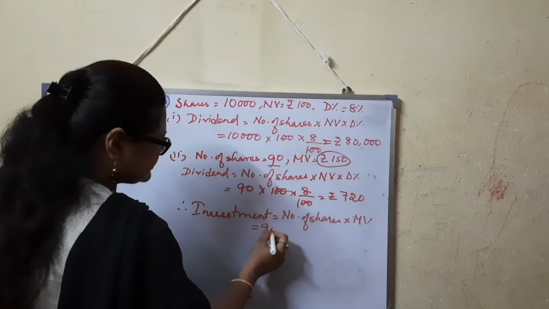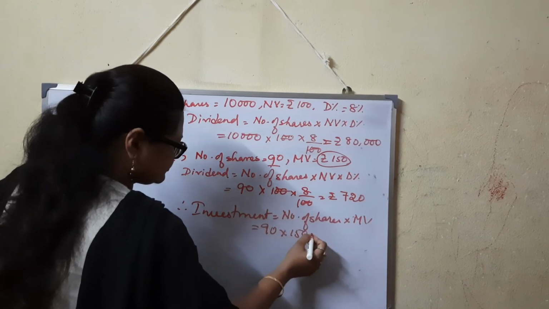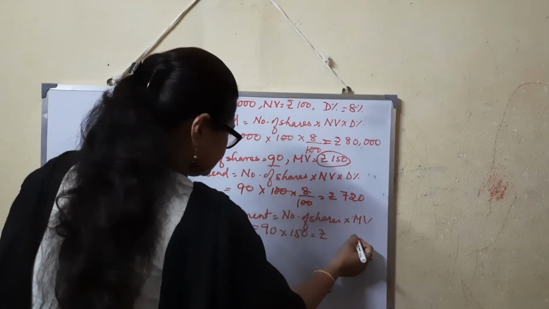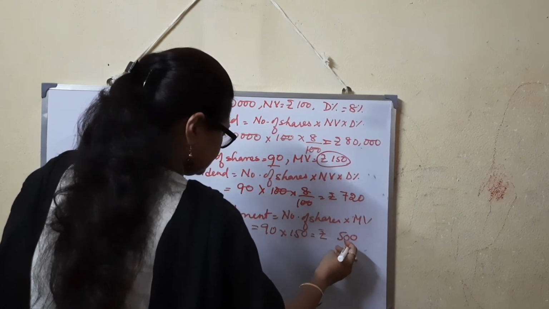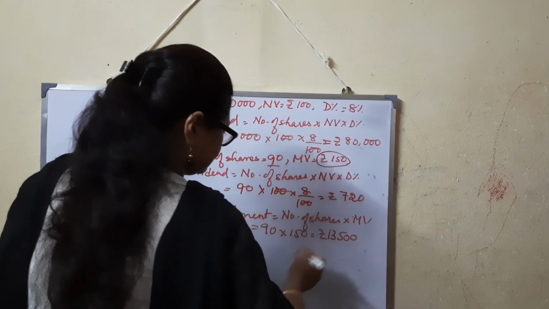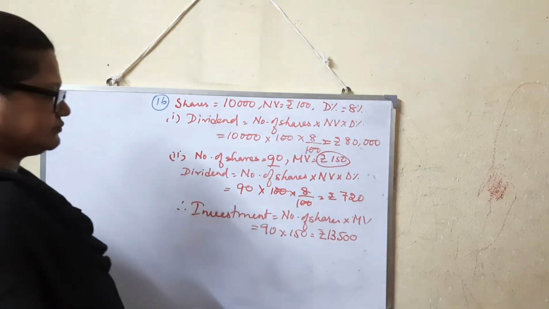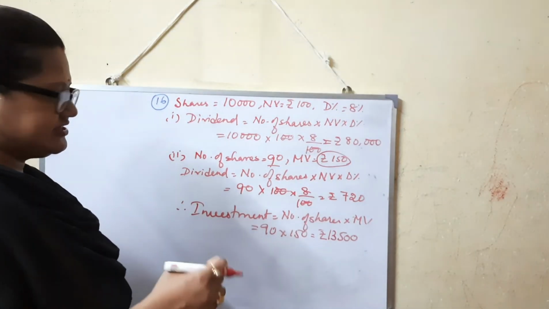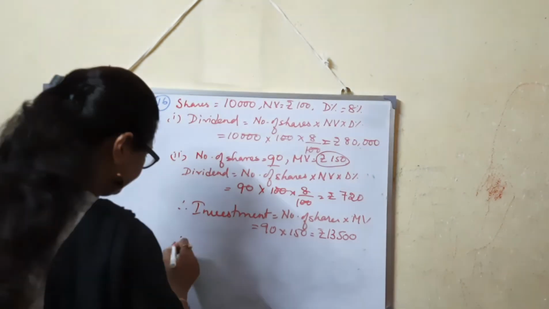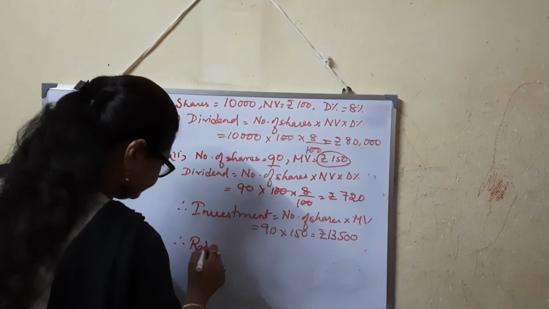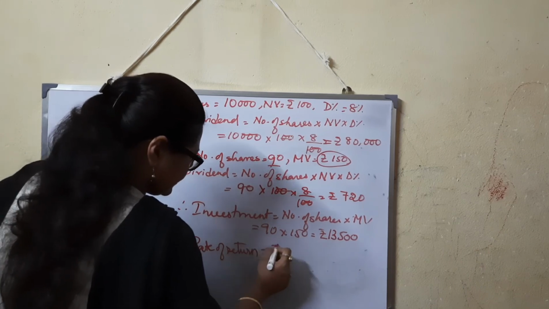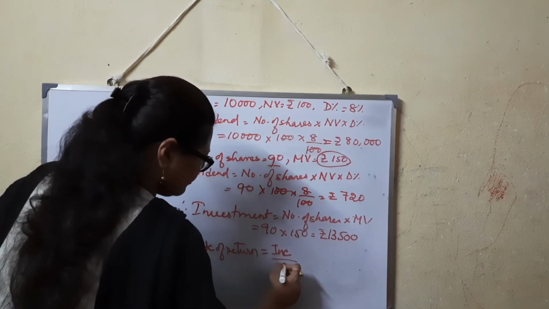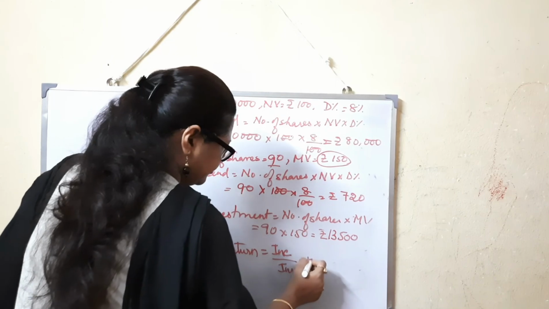So we got 90 into 150, which is rupees 13,500. Okay. So this is the investment which he is making. So therefore rate of return will be income by investment into 100.